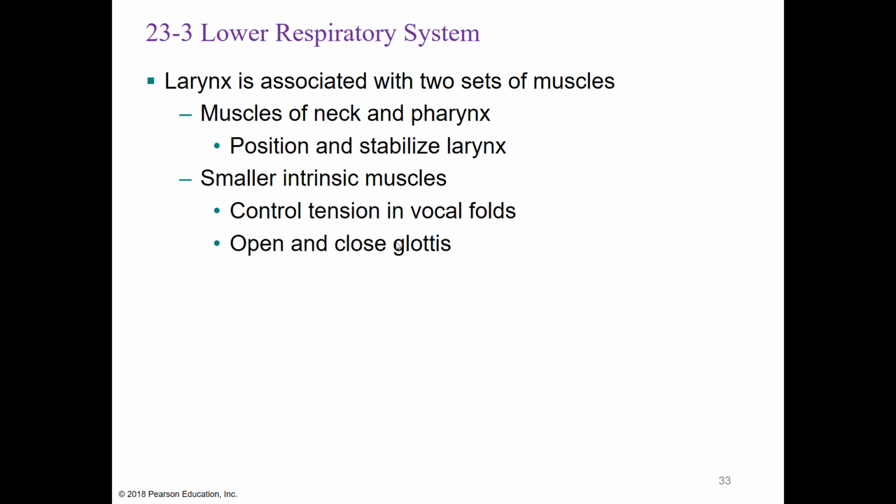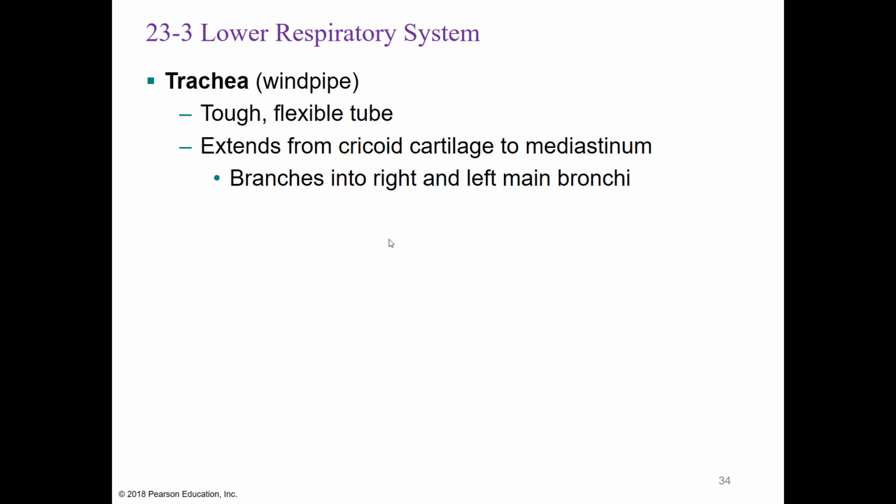So once we leave the larynx and the air goes through the glottis, we need to head into the trachea, which is also known as the windpipe. The trachea is a tough, flexible tube that extends from the cricoid cartilage, remember that one, to the mediastinum. Let me remind you what the mediastinum is.